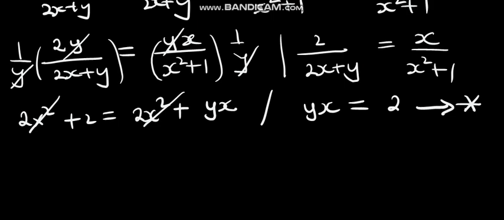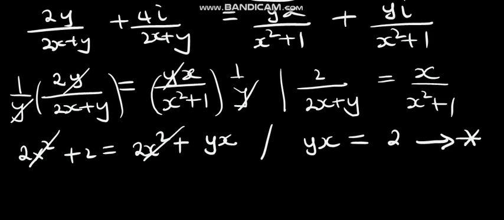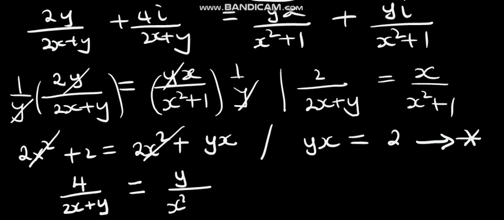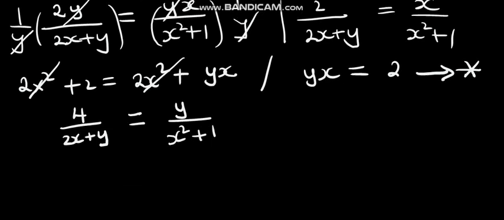Furthermore, we are going to equate the imaginary parts on the left hand side to imaginary parts on the right hand side, and we shall have 4/(2x + y) equal to y/(x² + 1).